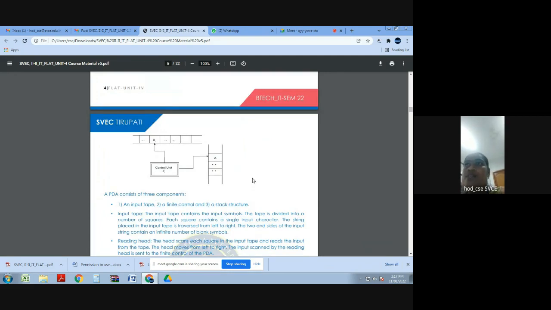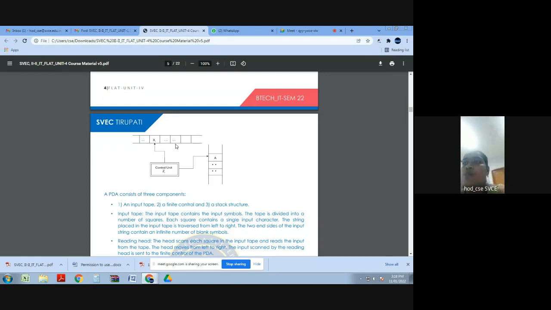See here, this is the block diagram of the pushdown automata. Generally, this information is not presented. On the right hand side, we have an extra element called the stack structure. In FA we have these two components: the input tape and the finite control.